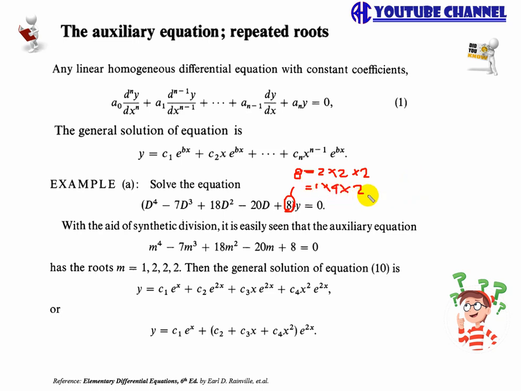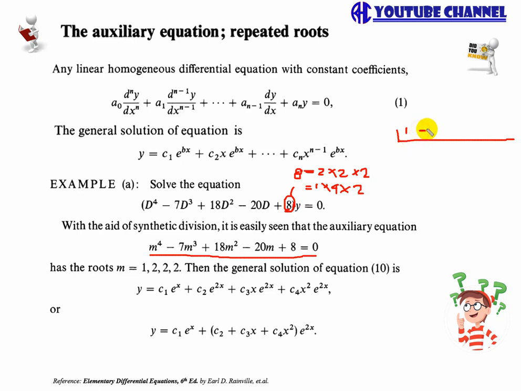Then, pwede rin lahat negative. So, try natin isolve. So, pag isulat natin sa auxiliary equation, ito yung magiging kalabasan. May m to the fourth minus 7m cubed plus 18m squared minus 20m plus 8 is equal to 0. Then, sulat natin yung mga coefficient.